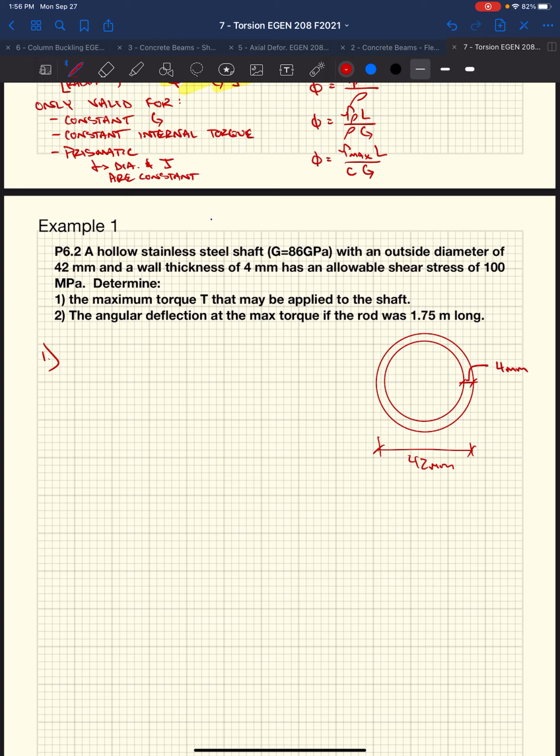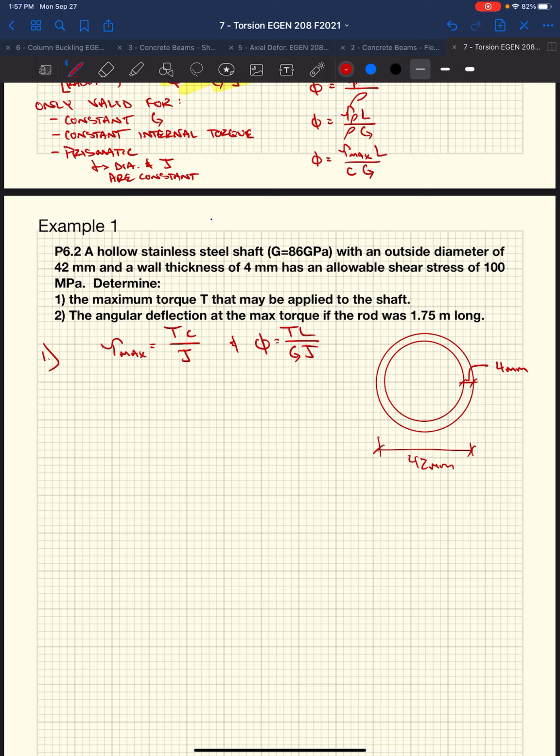If we look at our big equations, we have our maximum shear stress of the cross section, which is the torque times the maximum radius divided by our polar moment of inertia. And we also have our angular deformation, which is torque times the length over the shear modulus times the polar moment of inertia.